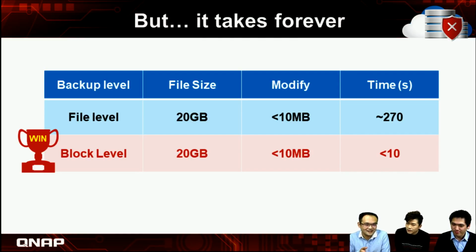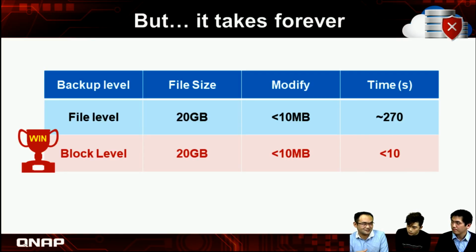Okay, we can see that there are two kinds of remote backup solutions. The first one is file level, and the second one is block level. We can talk about file level first. As the name says, it's a file-based backup solution. There are two disadvantages. First, it needs to check the files one by one to know if a file has been modified or not. You can imagine if you have 100,000 files, it needs to check one by one.